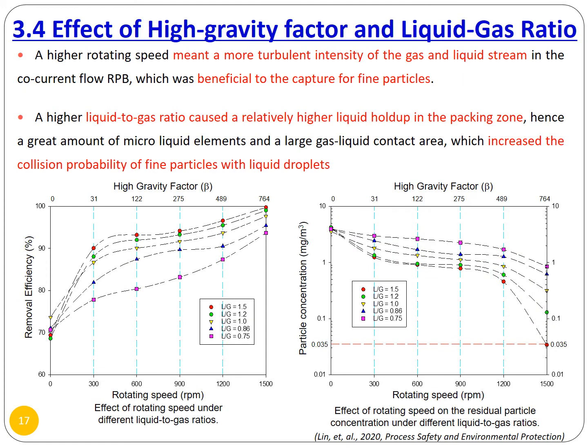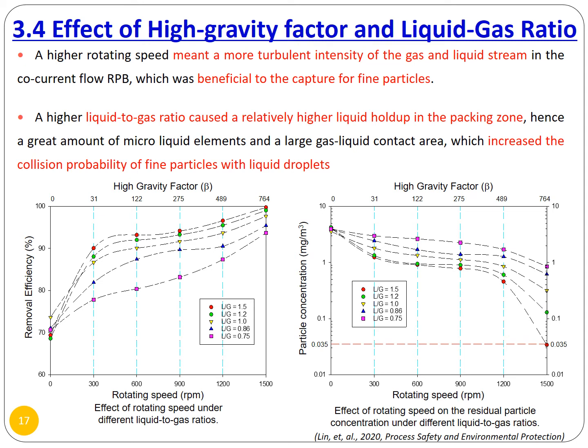Then we want to investigate the effect of the high gravity factor and the liquid gas ratio. In this figure, a higher rotating packed bed speed means more turbulent intensity of the gas and liquid stream in the RPB reactor, which can be beneficial to capture the fine particles.